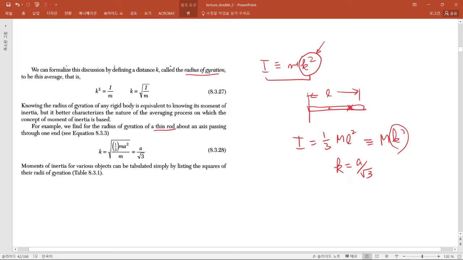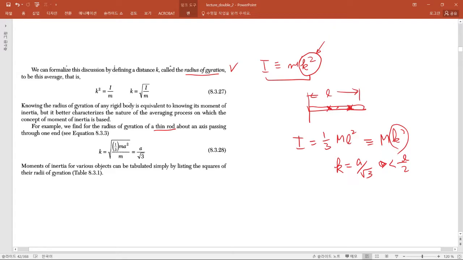What this tells you is that, as far as rotation is concerned, this thin rod behaves as if all the mass is concentrated here. It is less than 1 L. The center of mass is here, so the radius of gyration is around here.